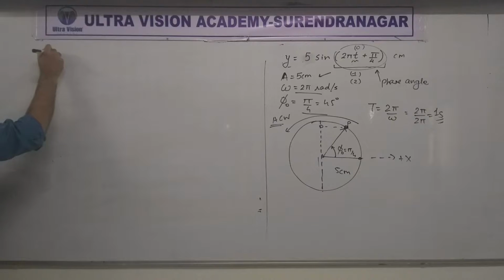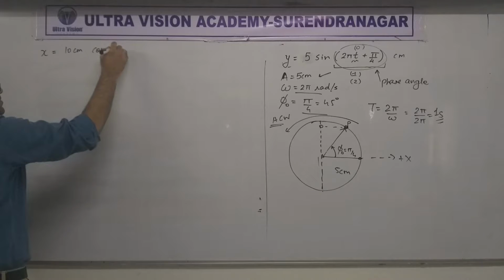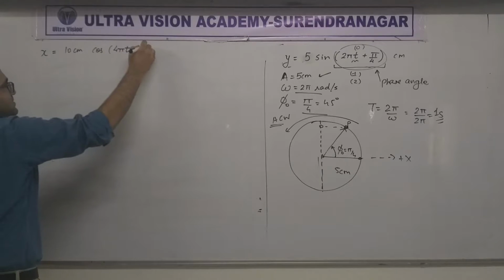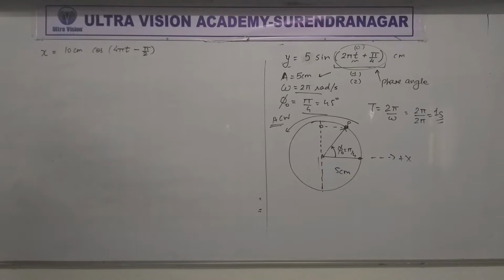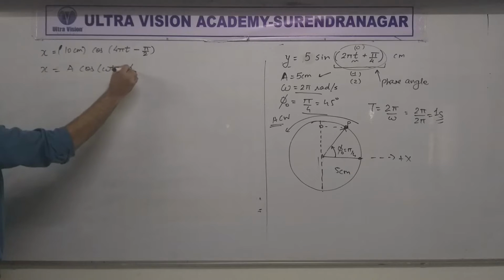Suppose we want x equal to, let's say, 10 centimeter into cos of 4 pi t minus pi by 2. Okay, let's say it is given in this form: x equal to 10 centimeter into cos of 4 pi t minus pi by 2. So let's start comparing. We will of course compare this with this kind of relation.